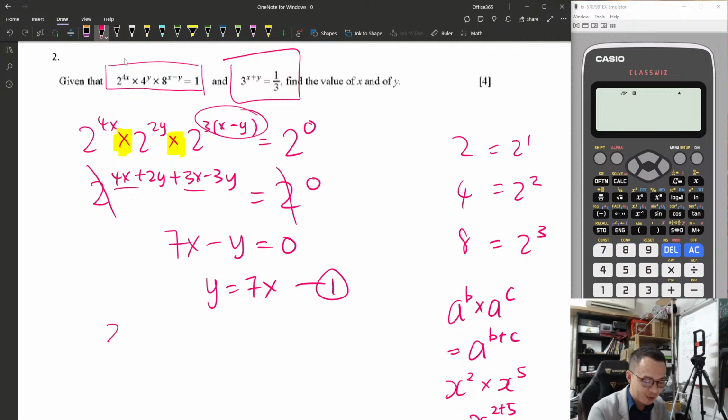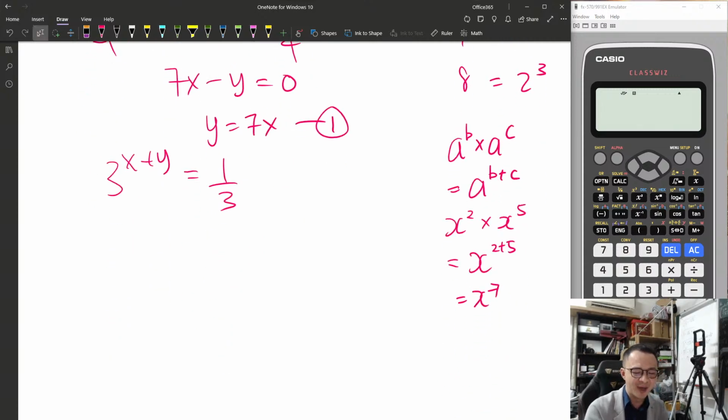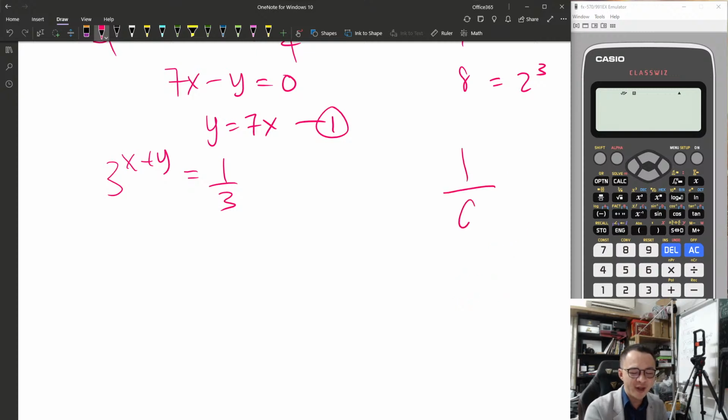Okay, so 3 power x plus y equals to 1 over 3. Just in case some students might not know what 1 over 3 is: 1 over a power of n is equal to a power of negative n. So I always tell my students, 1 over itself means negative at the power.